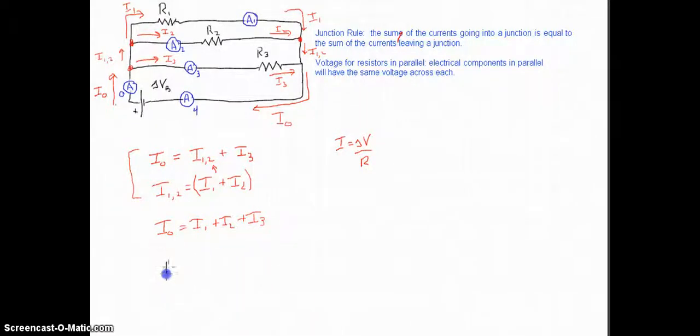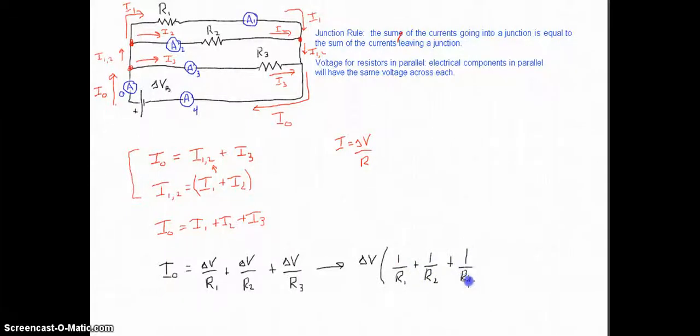Alright, so I'm left with I0 will equal delta V over R1 plus delta V over R2 plus delta V over R3. Now given that the change in voltage is the same, I can rewrite this whole thing as delta V. So essentially I'm factoring out the voltage times 1 over R1 plus 1 over R2 plus 1 over R3.